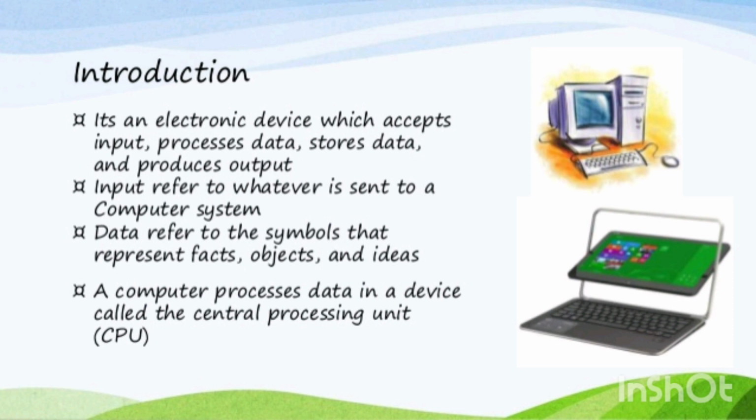The information produced by the computer can be of many different types, like a symbol, fact, object, or ideas. When you give some input, it is processed by the central processing unit and finally gives information. The information is called the output.